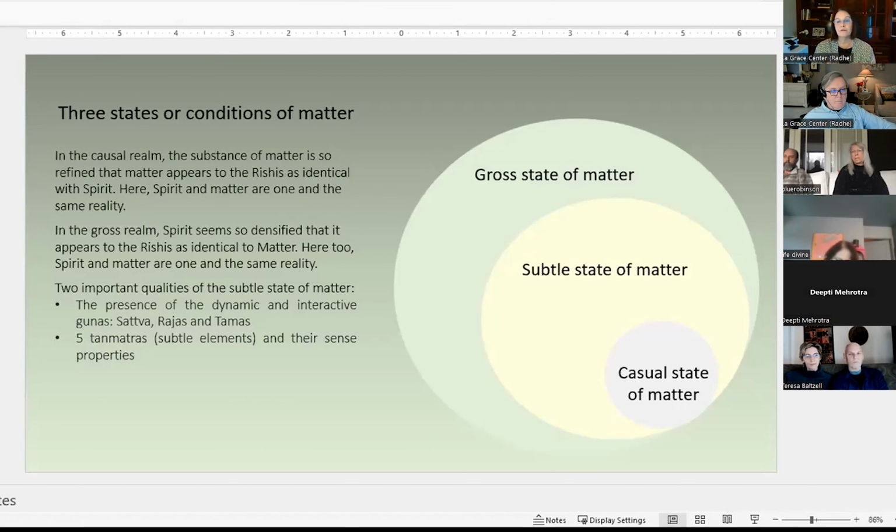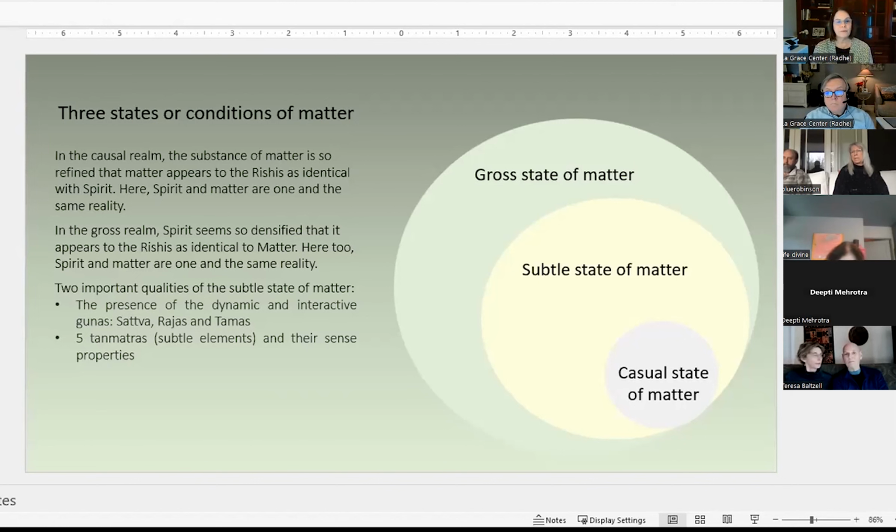So the subtle state of matter is really where the preparation is occurring for the gross state of manifestation. And there are two important qualities in the subtle state of matter that we'll see are also foundational to Ayurveda. The first is the presence of what we know to be the gunas, right?